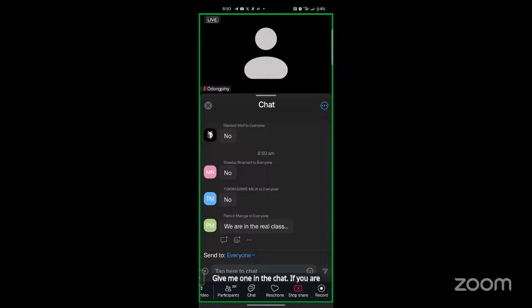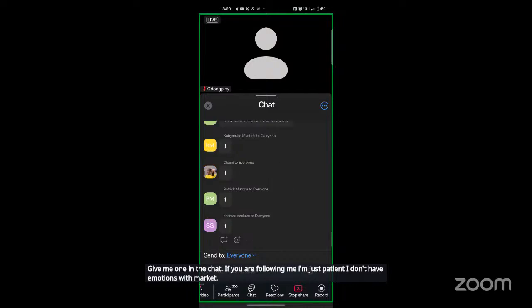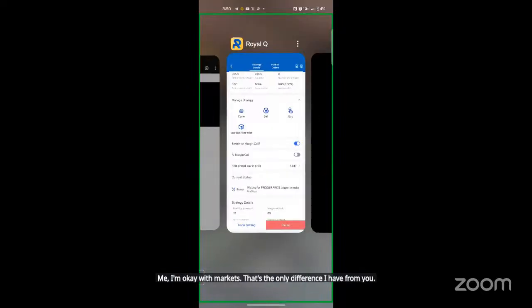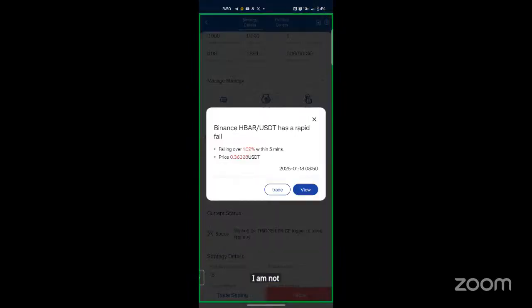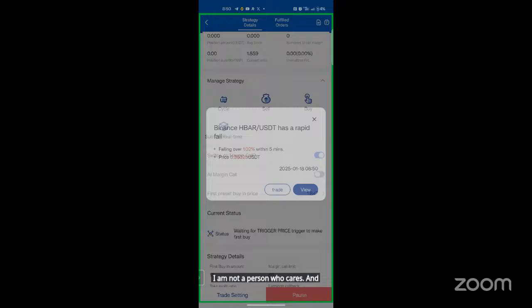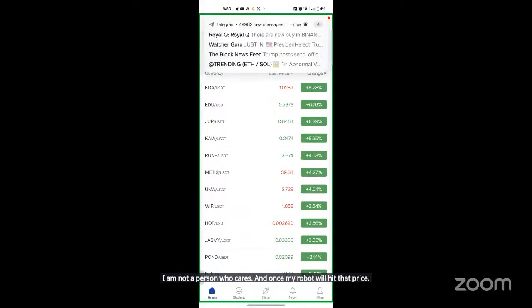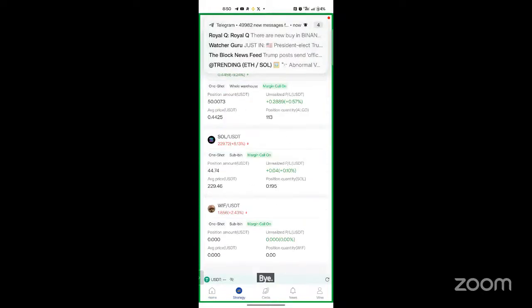I don't have emotions with the market. I don't have today I feel bad, tomorrow I feel good. I'm okay with markets. That's the only difference I have from you. I am not a person who cares. And once my robot hits that price, it will buy. I want to get here.